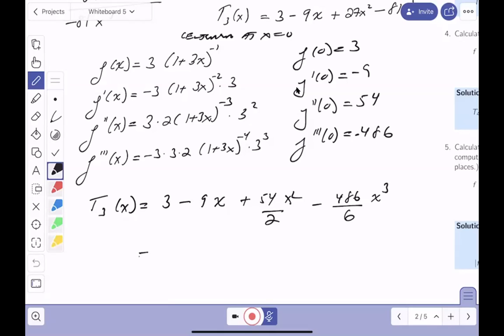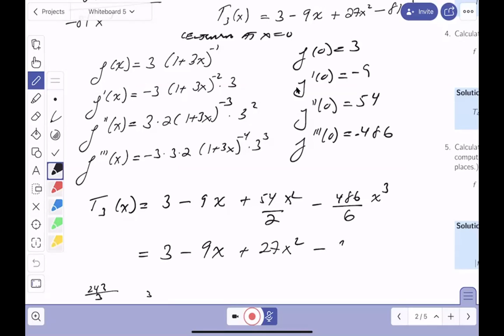Certainly I got to simplify this. This is 3 minus 9x plus 27 x squared. And 6 into 486 is going to be 243 divided by 3. I got to divide 3 into 243, right?